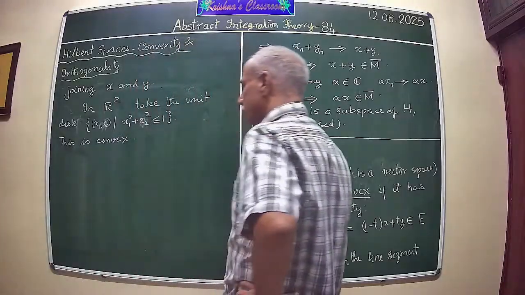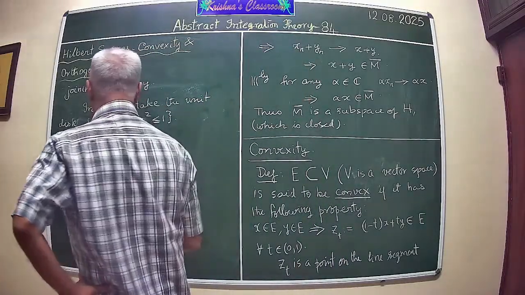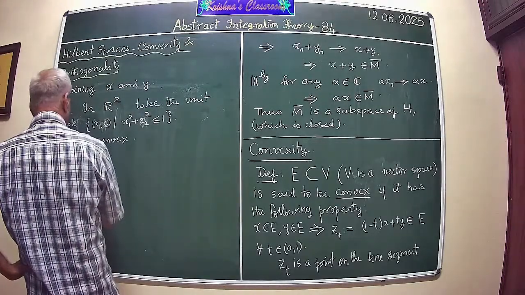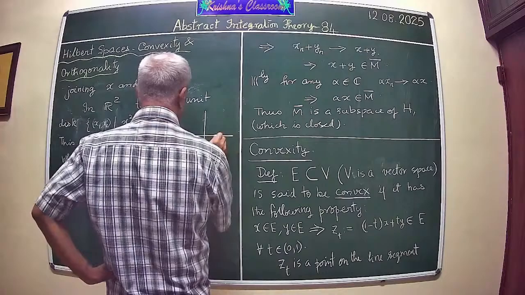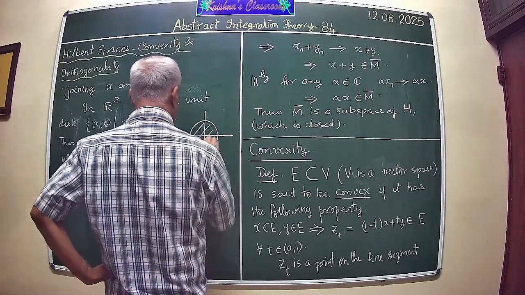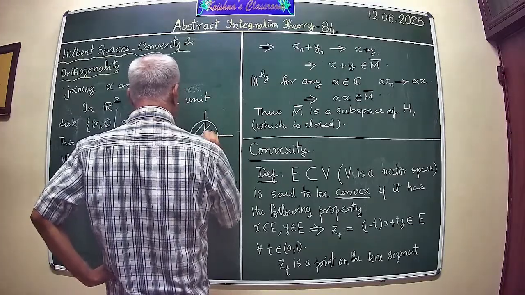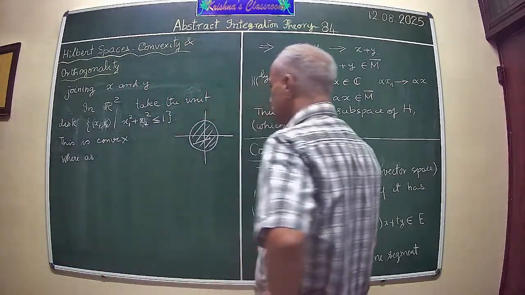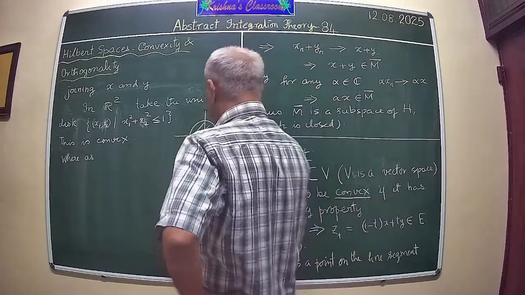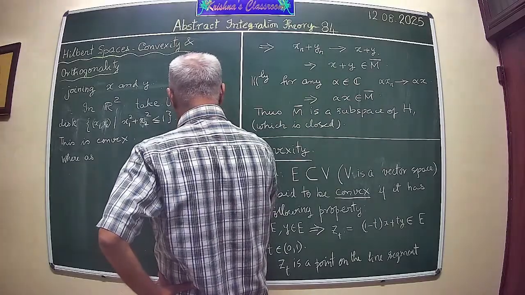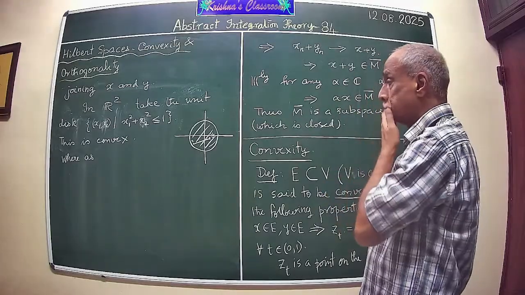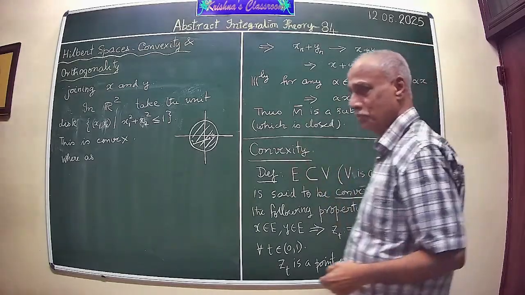Now this means the following: take any two points, the entire line segment joining them is contained. Okay? This is the unit disk. So this is your x, this is your y. That's quite easy to prove.